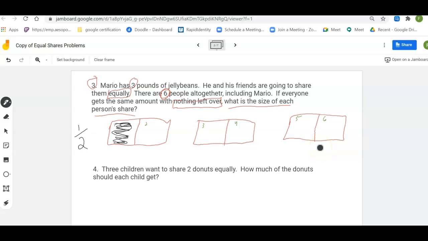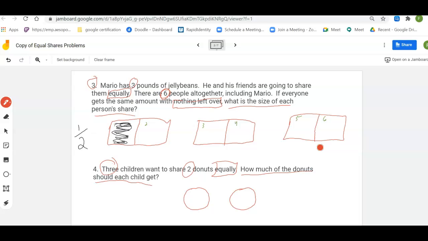Number 4. 3 children want to share 2 donuts equally. How much of the donuts should each child get? So this is about donuts. Generally donuts are going to be round, so I'm going to draw a couple of round donuts.